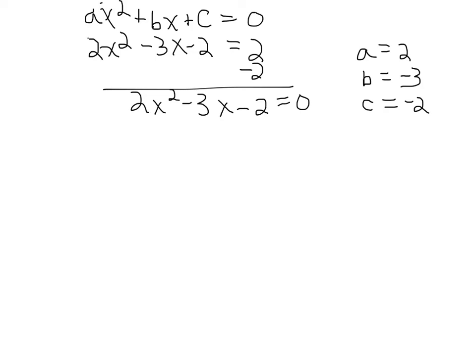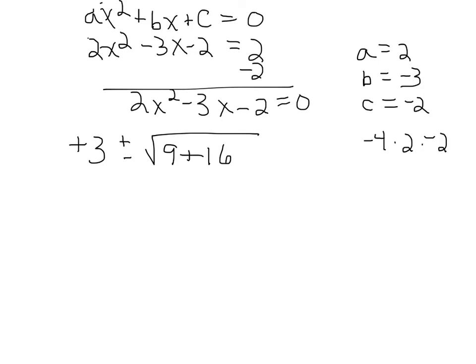Now it's time to plug in the opposite of b plus or minus the square root of b squared plus negative 4 times a times c, that is negative 8 times negative 2, that's 16, all divided by 2a. So what I get here is 3 plus or minus the square root of 25 over 4.